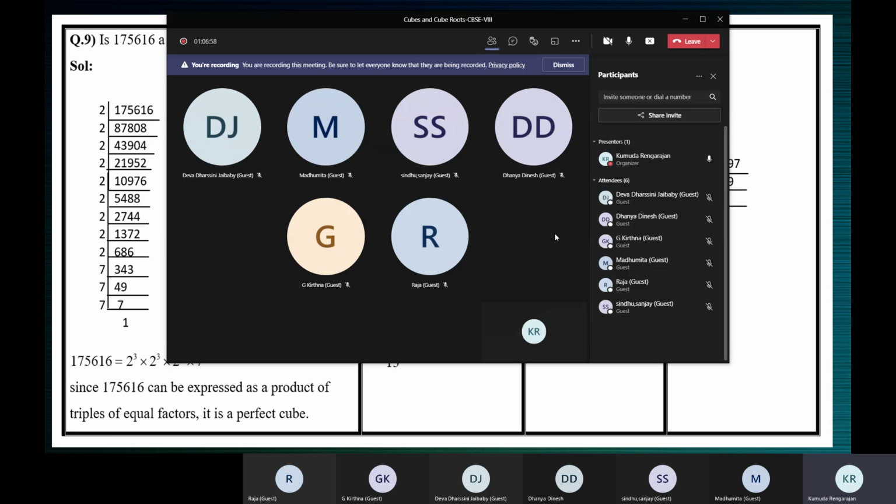Devadarshini, are you there? Danya, are you there? Devadarshini and Danya? Okay, I think Danya is trying to say yes, I can see your mic unmuted, but I'm not able to hear you, Danya. But Devadarshini, when I called out your name, I didn't see your mic unmuted.